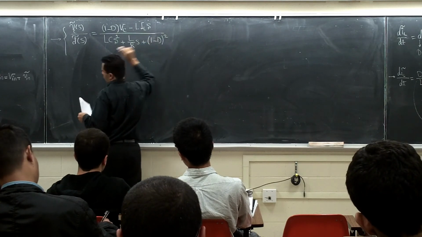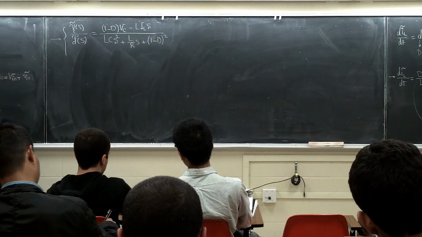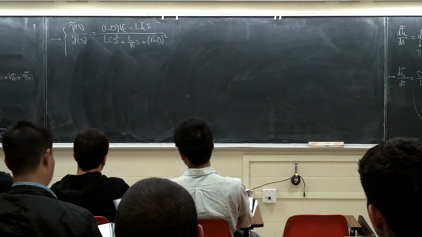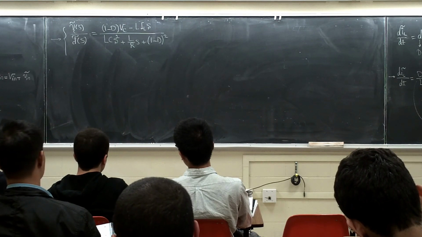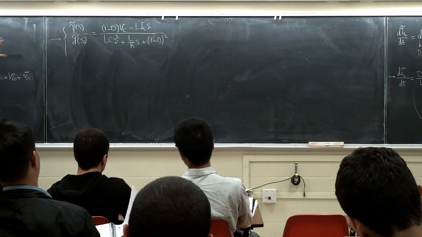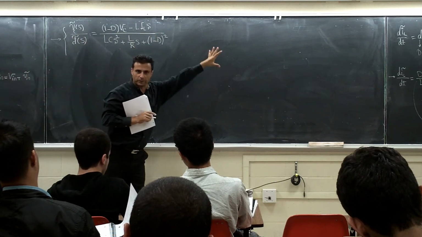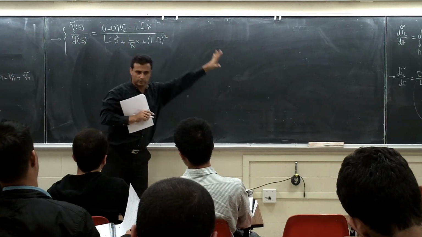So if we have a boost converter, for example, I give you a homework. We have a boost converter, we want to control the output voltage by controlling the duty cycle. So we go to this model. This is the model for that boost converter.